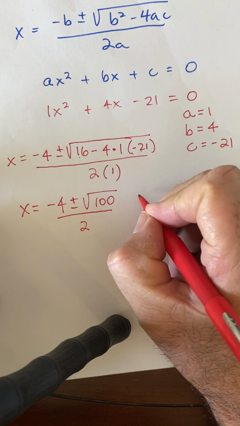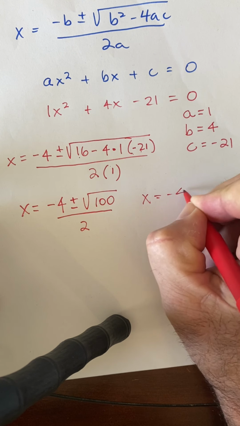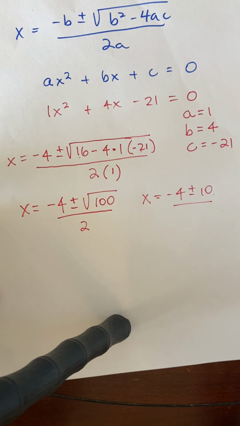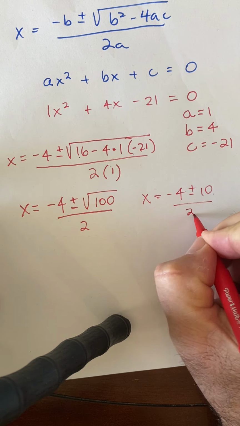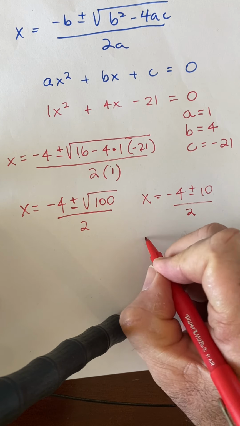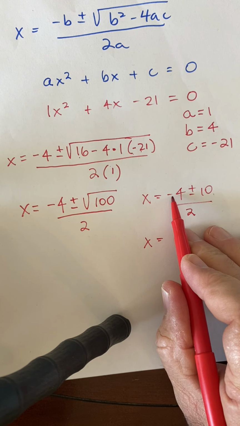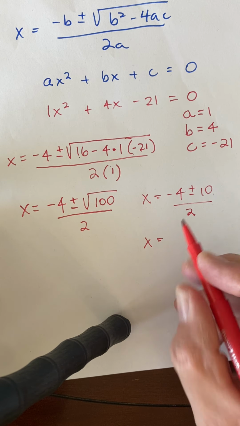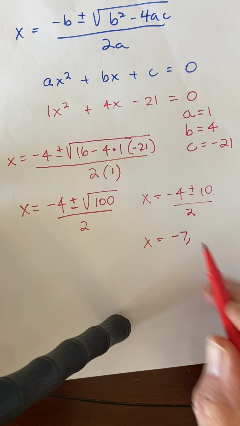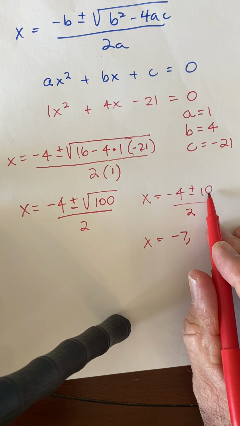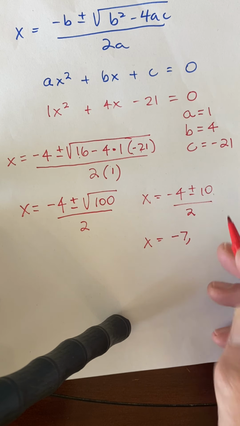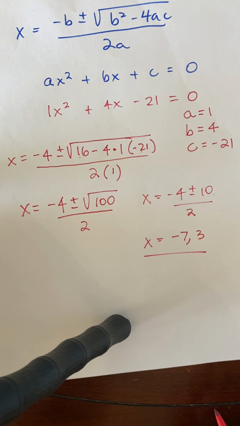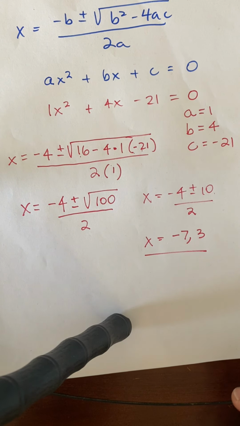So now I know the square root of 100 is 10, because 10 times 10 is 100. So I can simplify further. Negative 4 minus 10 is negative 14, divided by 2 is negative 7. Negative 4 plus 10 is 6, 6 divided by 2 is 3. So there are your two answers. Not bad. Let me show you another one.